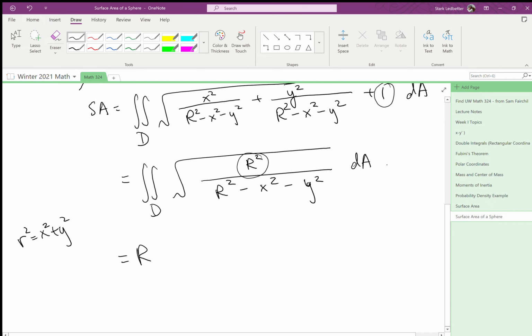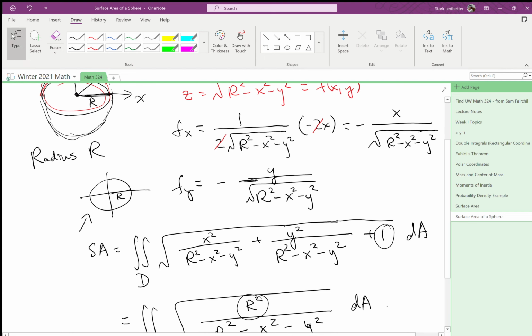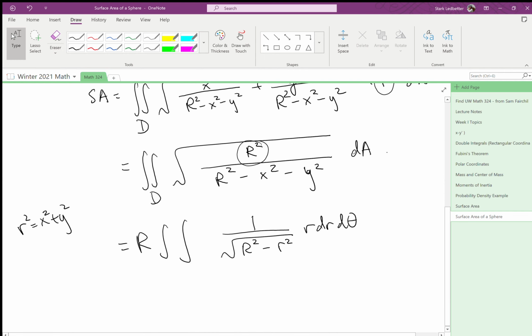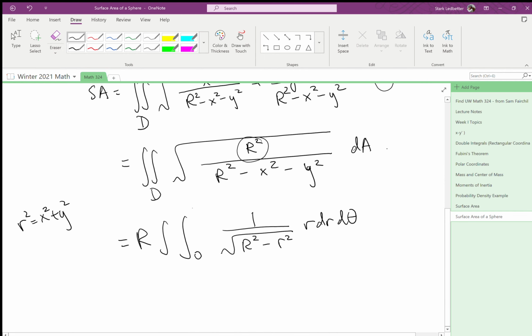In fact, I can take it out of the integral entirely. Okay, so then I'm just left with 1 over the root of big R squared minus little r squared, and then I'm going to have an r dr d theta here. And then I want the whole circle, right? So my r is going to go from 0 to big R, and my theta is going to go from 0 to 2 pi. That'll get me all the way around the circle.